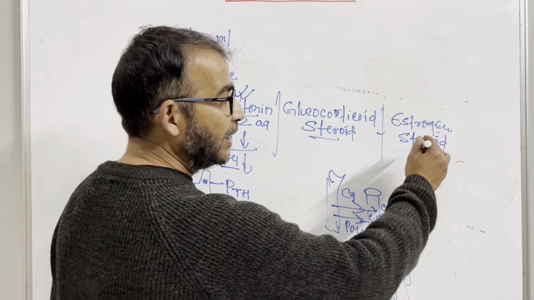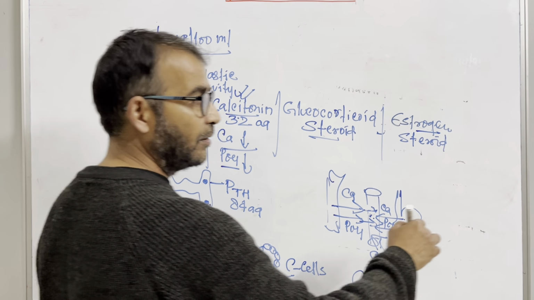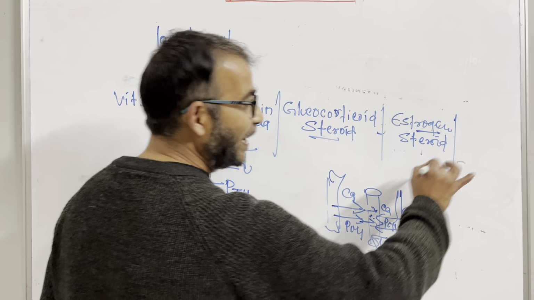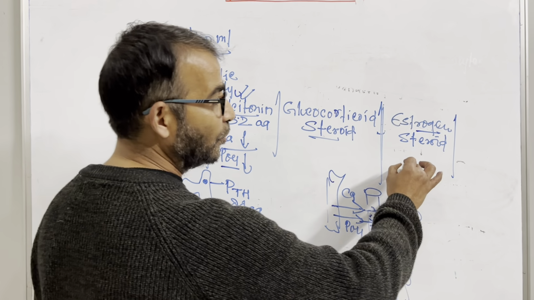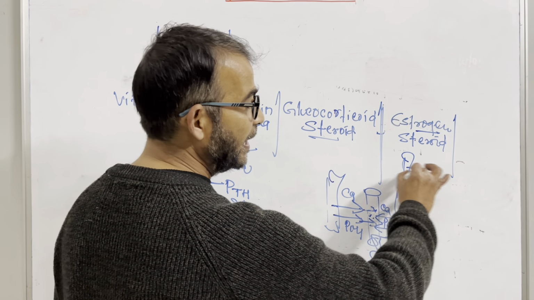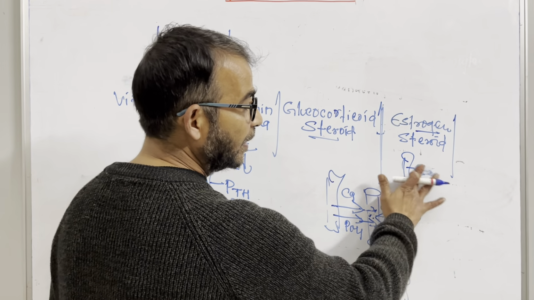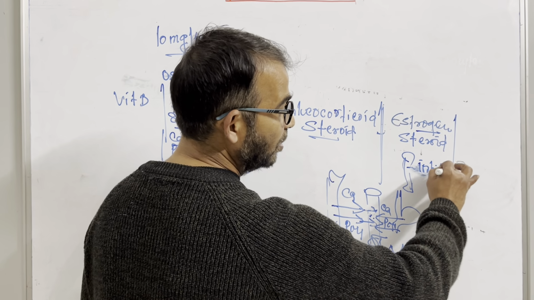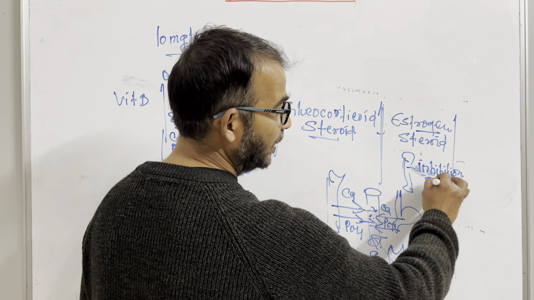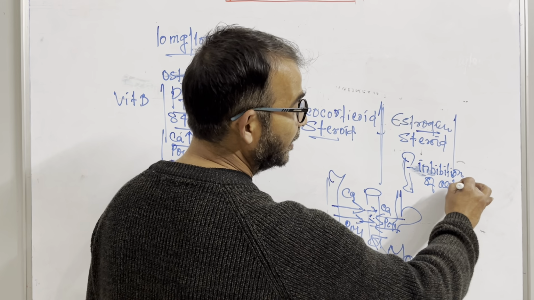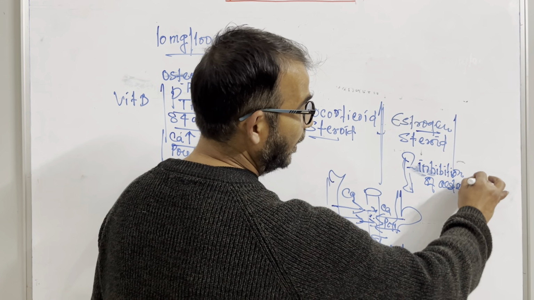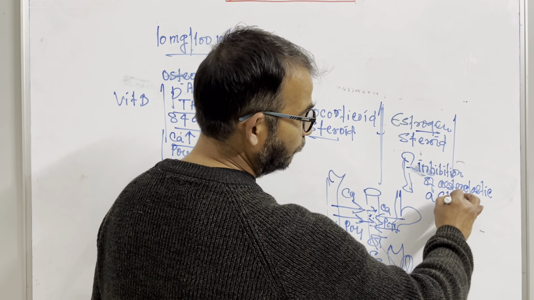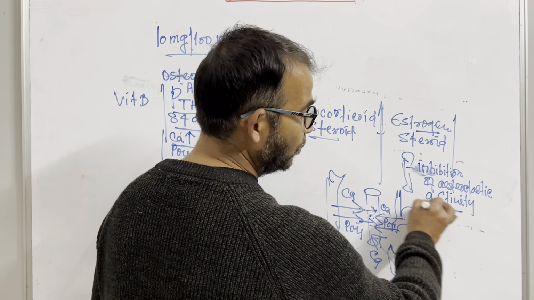Just winding it up. Estrogen is the female hormone. It causes the inhibition of osteoclastic activity. So as long as a female does not undergo menopause, the bone density remains okay.